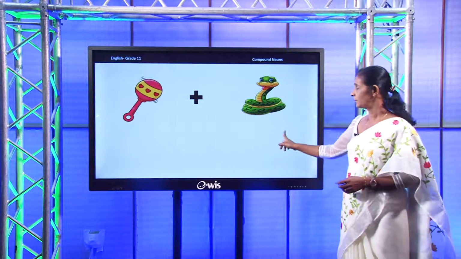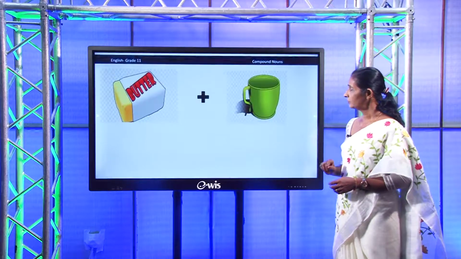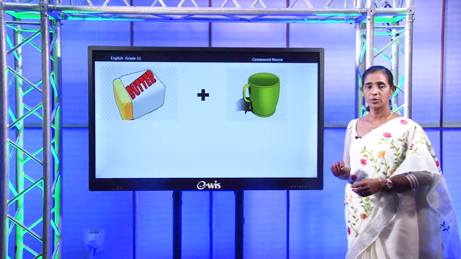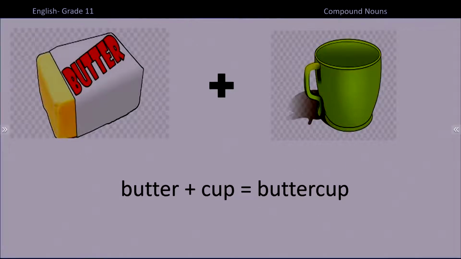Rattlesnake. See, if you need any corrections, you can write them down. Butter and a cup. So it becomes buttercup. Check your spellings. If you have missed anything, you can correct them.